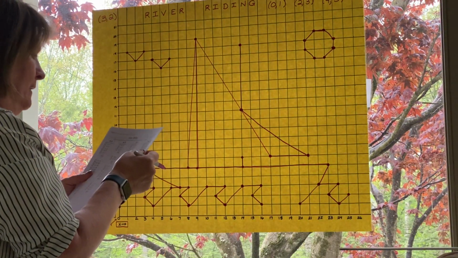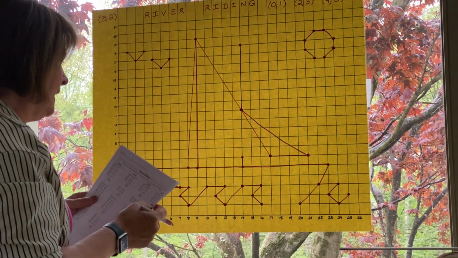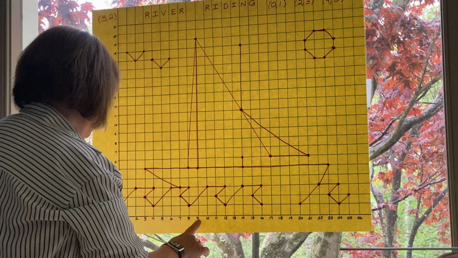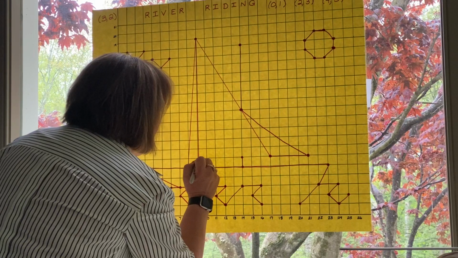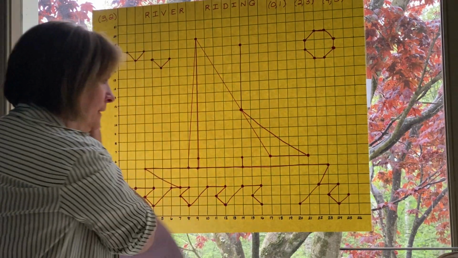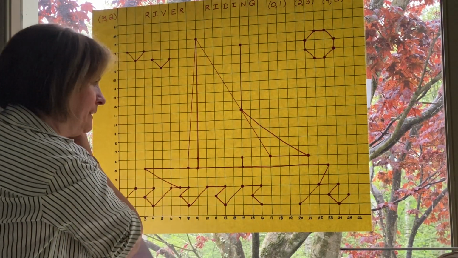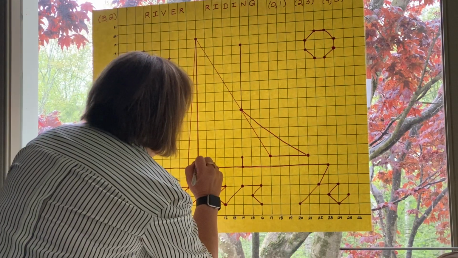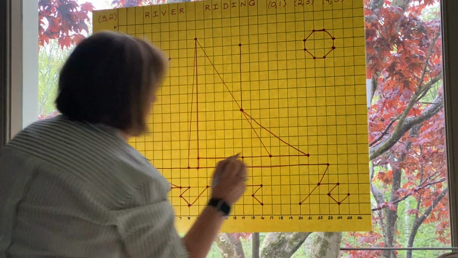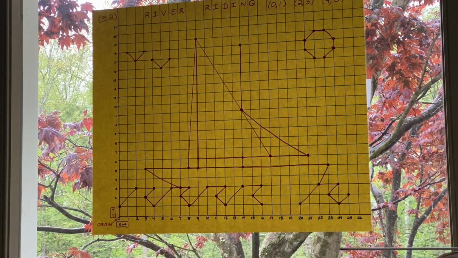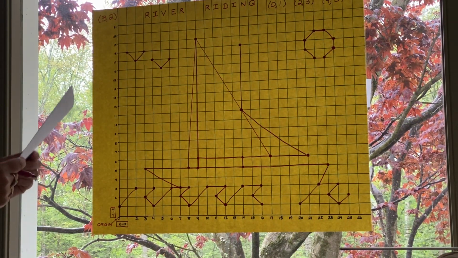Okay, 17, 6, and then 9, 6. So 9, 6, which is here. And I'm going to connect that to 17, 6. So this will be a straight line straight across. Oh, it's definitely a sailboat.